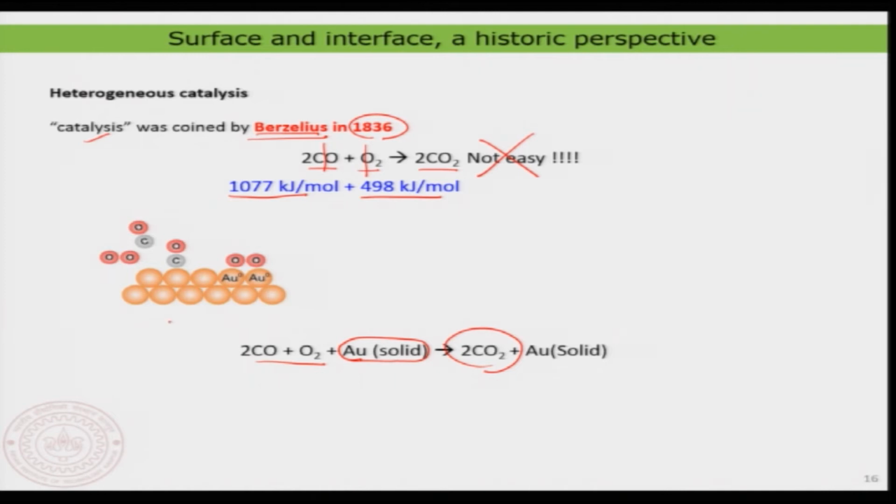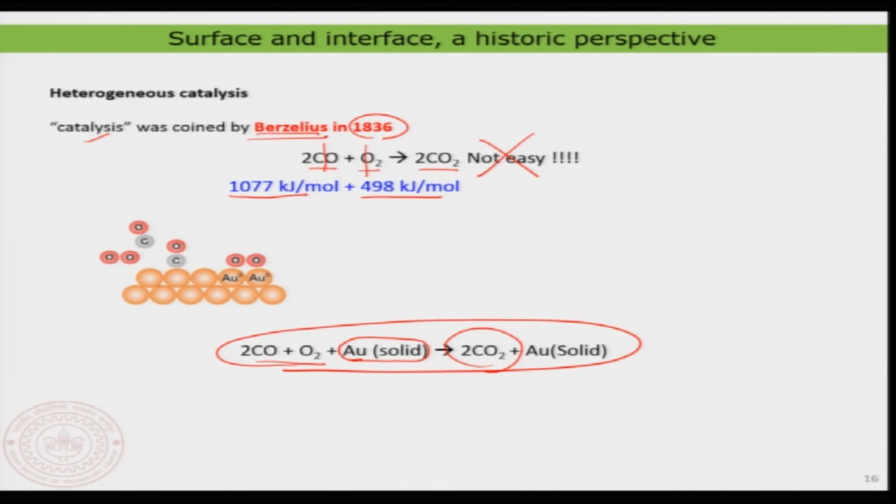But we will have a look at the chemistry at the molecular level to understand what actually happened when we did this chemical reaction in the presence of gold. Or what is gold doing in this? Well, gold is acting as a catalyst in this case. How does this happen?